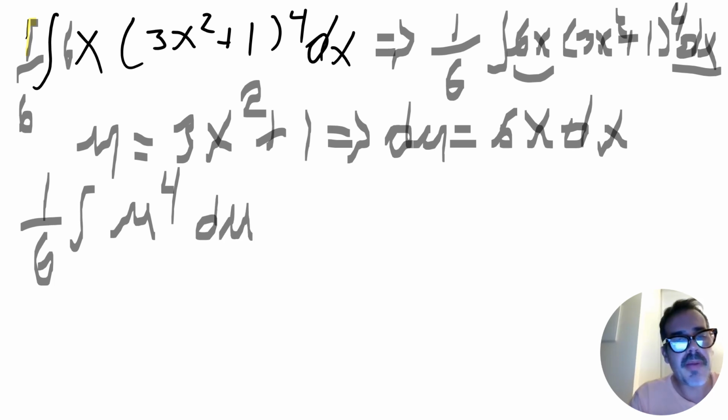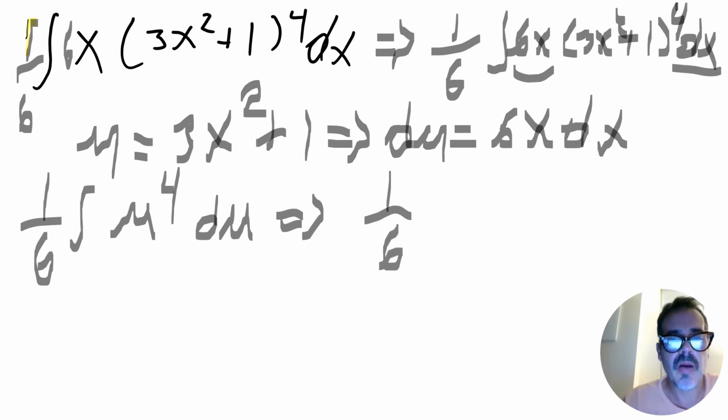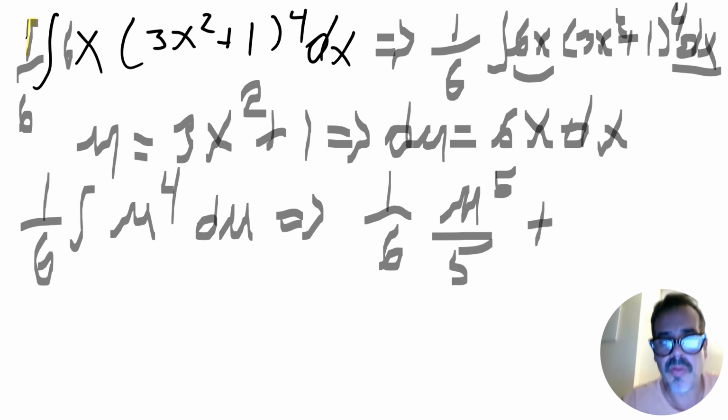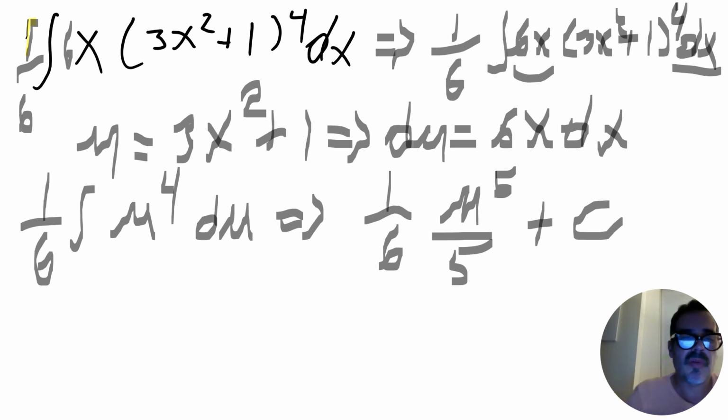And this is a very simple integral, again, that we can use the power rule to solve. So we're going to have 1/6 of u to the 5 divided by 5, plus C. Now, I need to return my original substitution.